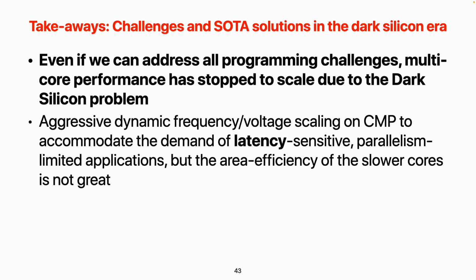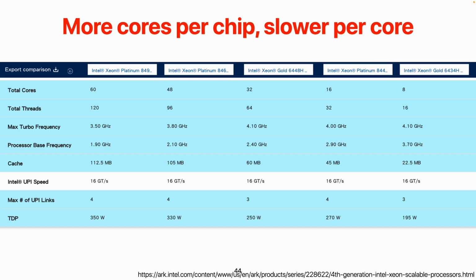However, if our workloads are latency sensitive and do not have a lot of parallelism, this will work. But thinking about those slow processors, they are very giant, but they make very, very slow progress. So the efficiency of those parts is not very good.